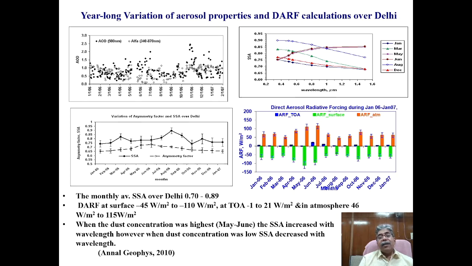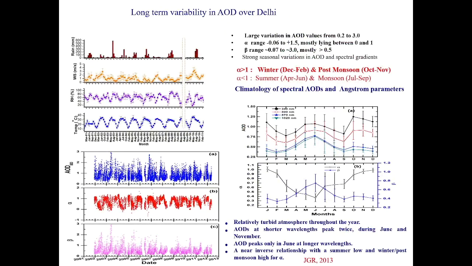This kind of differential heating and cooling, particularly in the atmosphere, affects the circulation on a large scale, and it is found to affect the monsoon circulation over the Indian region, and the rainfall also. So these are some examples of long-term aerosol optical depth studies over Delhi, particularly how different parameters are varying.